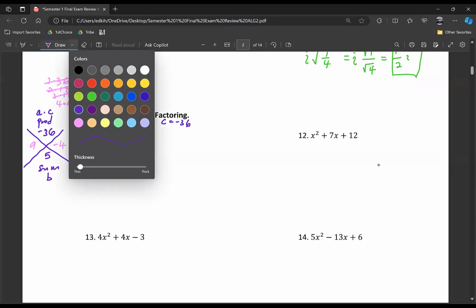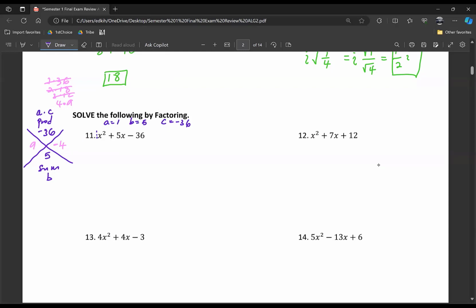Now that we have it, we're going to come over here and go, okay, it'll be x plus 9 and x minus 4. Now, since we're being asked to solve, remember solving is one extra step after you factored. What we just finished now, this is factoring.